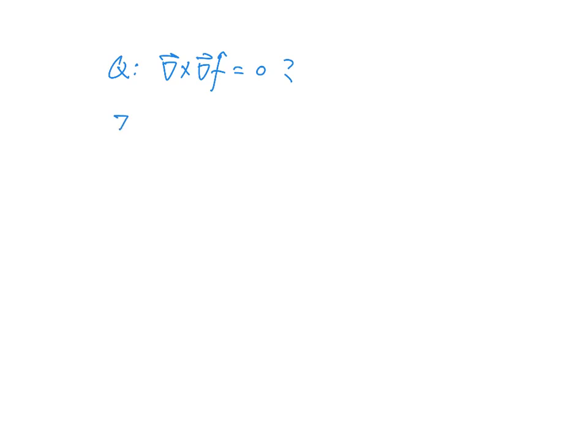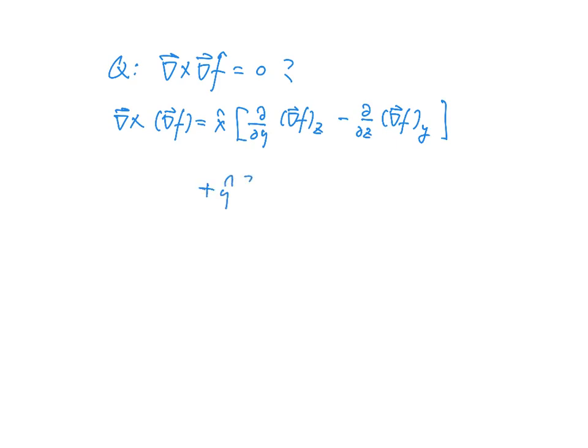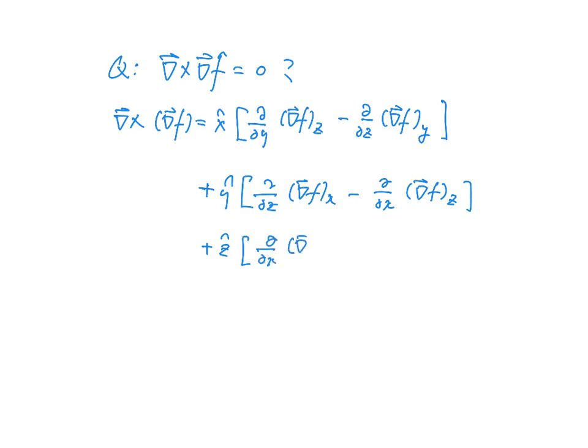The curl of the gradient of f has x component partial y of the z component of the gradient of f, minus partial z of the y component of the gradient of f, plus y times partial z of gradient f x minus partial x of gradient f z, plus z times partial x of gradient f y minus partial y of gradient f x.